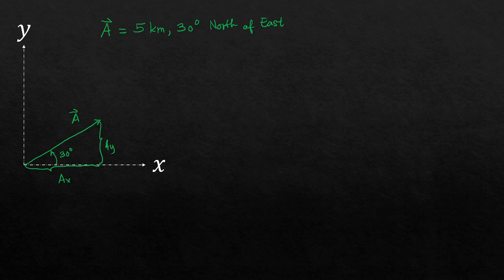we could say that AX is actually equivalent to the product of the magnitude of A multiplied by cosine 30 degrees, in which case this is 5 kilometers, and cosine 30 degrees would give us square root of 3 over 2. Therefore AX is equivalent to 5 halves square root of 3 kilometers.